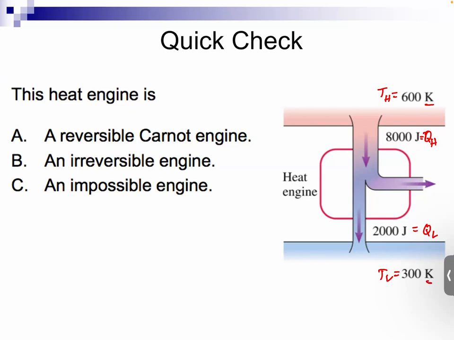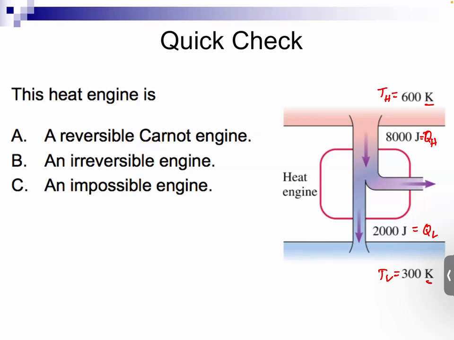Okay, right. It can be any of the three. Let's look at how we do this. For an irreversible engine, you can determine that by calculating the efficiency, and that efficiency is less than the Carnot efficiency, like what we did in the first example.